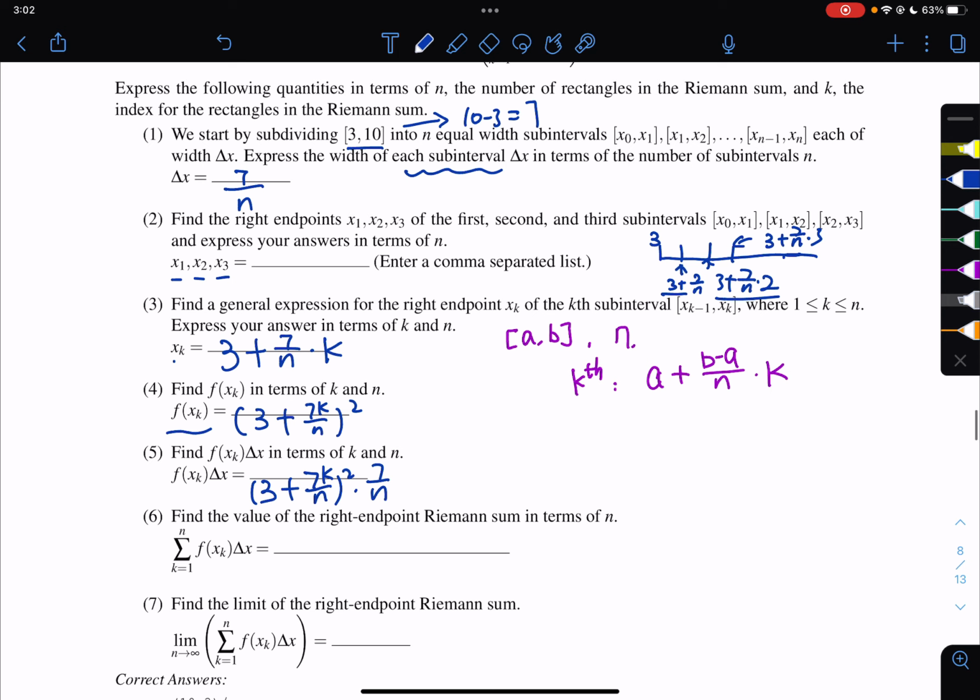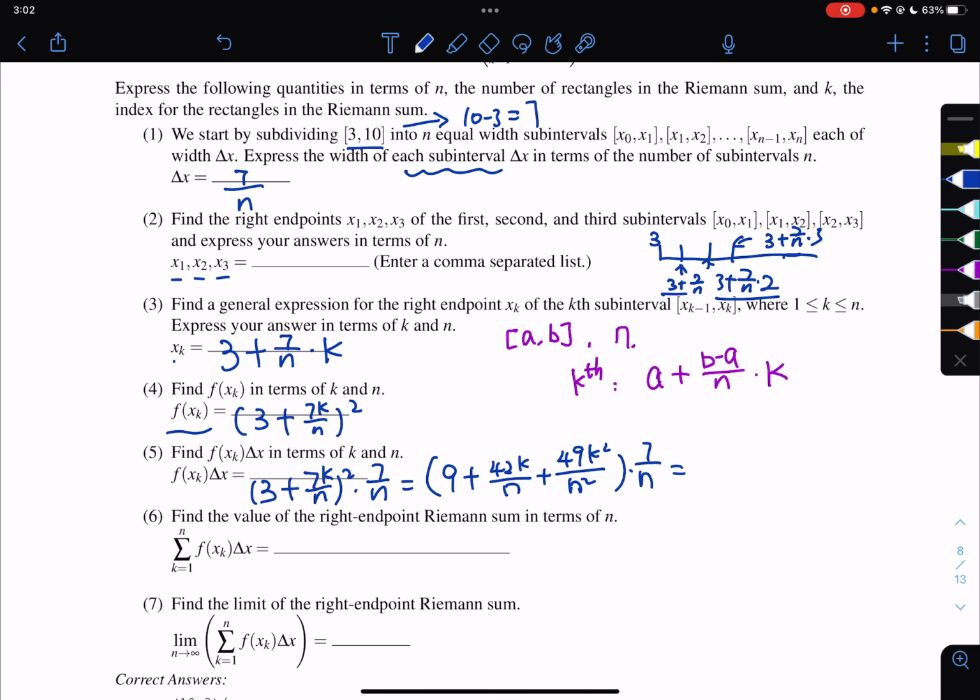I'm going to do sigma summation later, so I need to simplify it in order to carry out my calculation. What I end up with is 9 plus 3 times 7 is 21, which means 42k over n plus 49k squared over n squared, multiplied by 7 over n.